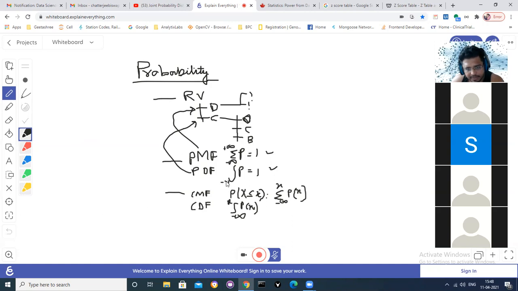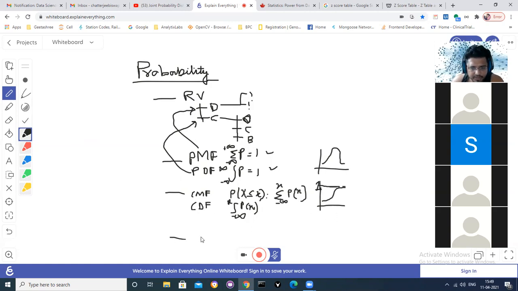Here also minus infinity to plus infinity. So the probability mass function or probability density function makes a Gaussian or normal type of distribution shape, whereas the cumulative distribution function always takes a shape like this, so that at the end it becomes very close to the point 1. So this is the thing.